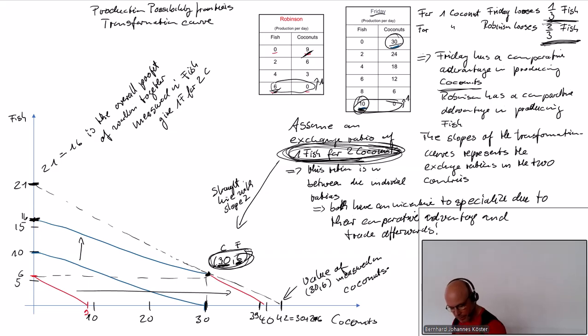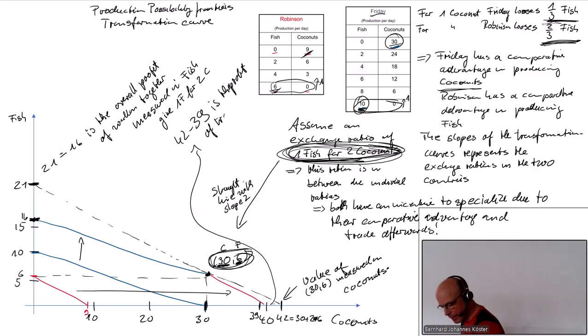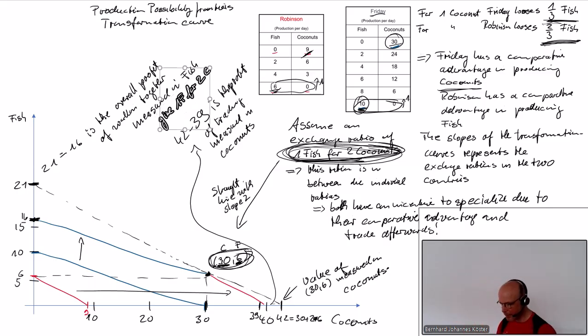Or down here, 42 minus 39 is the profit of trading measured in coconuts, again given this ratio.